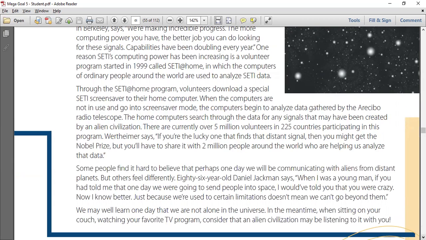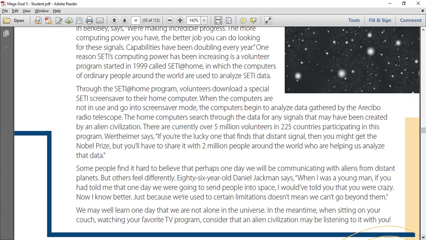When the computers are not in use and go into screensaver mode, the computers begin to analyze data gathered by the Arecibo radio telescope. The home computers search through the data for any signals that may have been created by an alien civilization. There are currently over 5 million volunteers in 225 countries participating in this program.